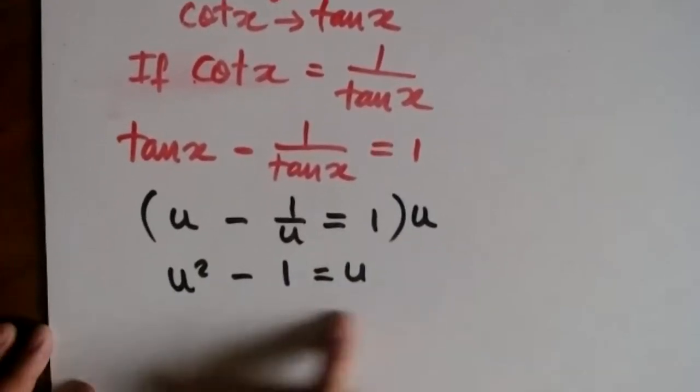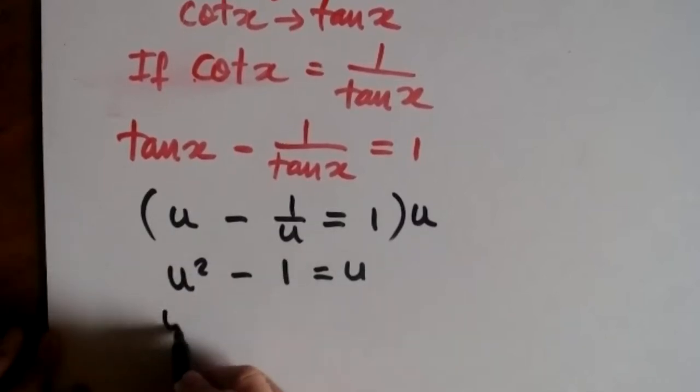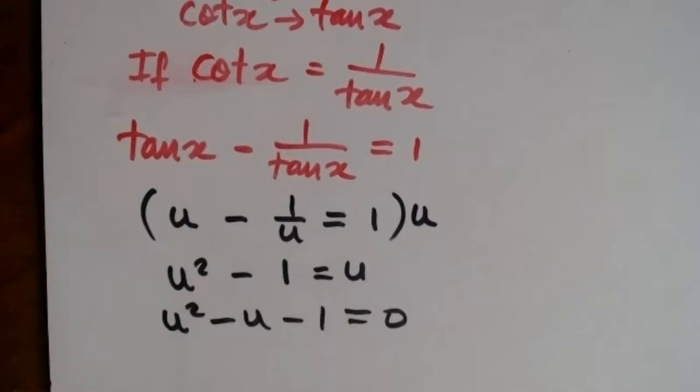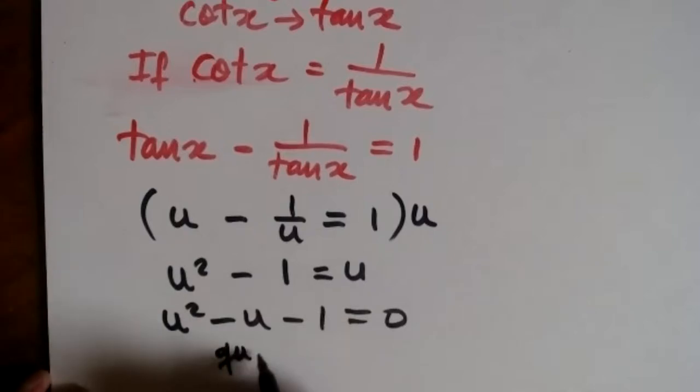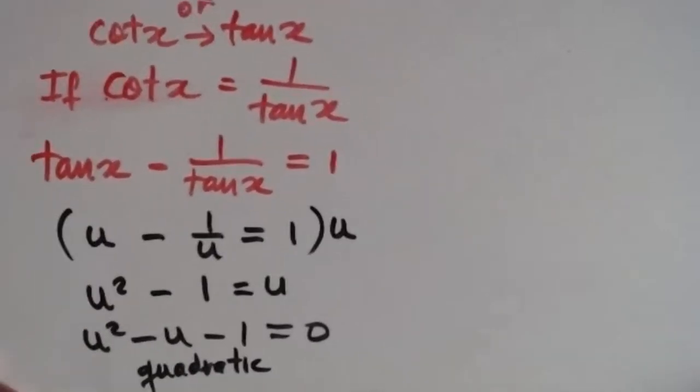Okay, now this looks much better than this. And if you put everything together, you're going to see u squared minus u minus 1 equals 0. So this is another quadratic, correct? Okay, now, can you solve this quadratic?